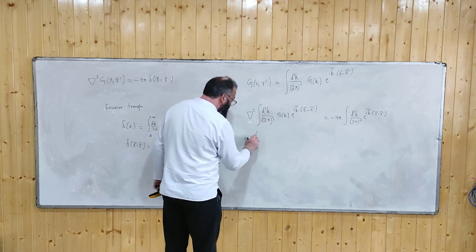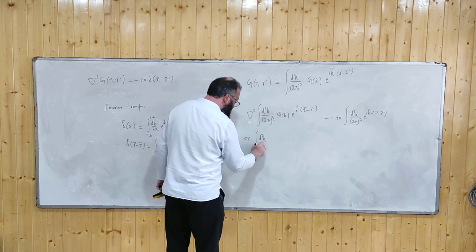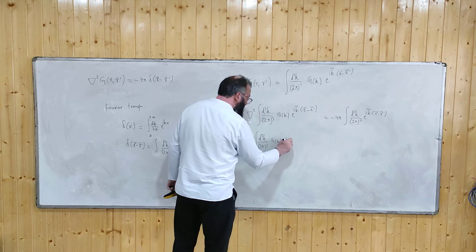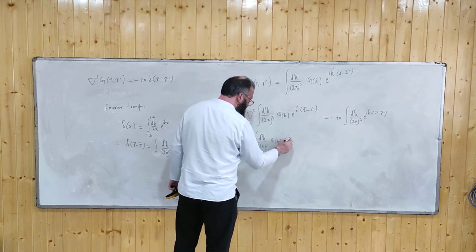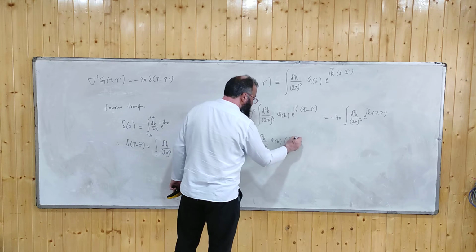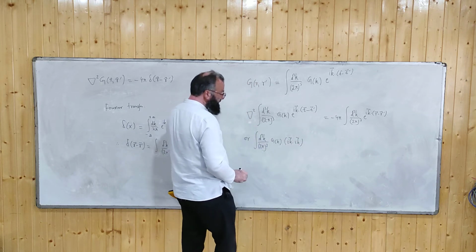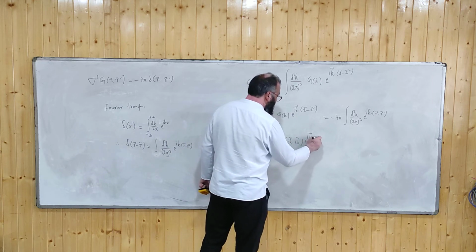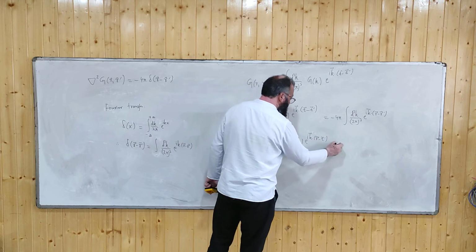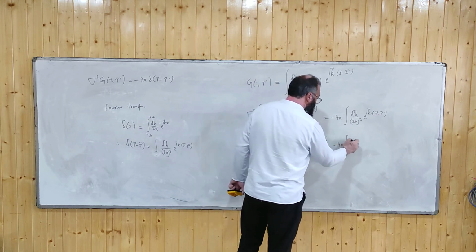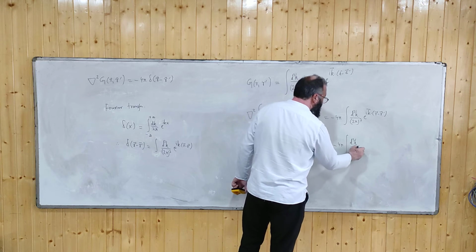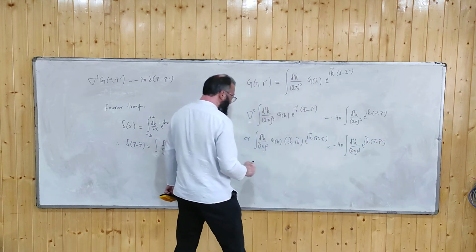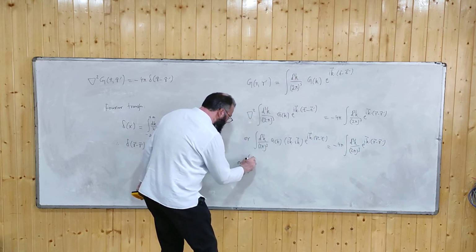So I can write like this: d^3k by (2 pi)^3, g of k, then I am getting ik dot ik, it's a vector, that's why I am putting dot, e raised to i k dot (r minus r prime), that's equal to minus 4 pi, d^3k by (2 pi)^3. Now let's club the two terms.